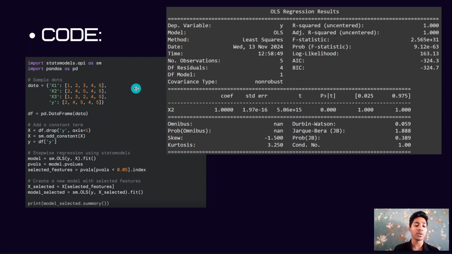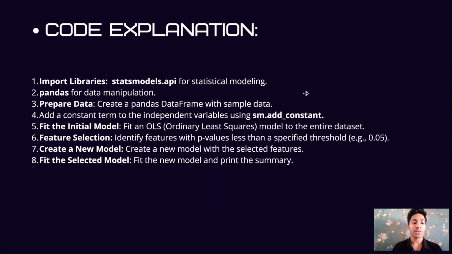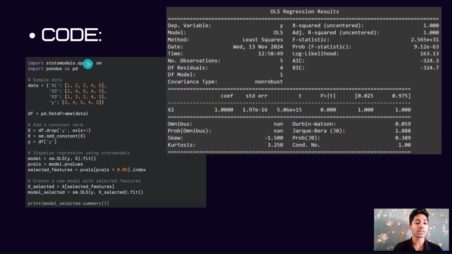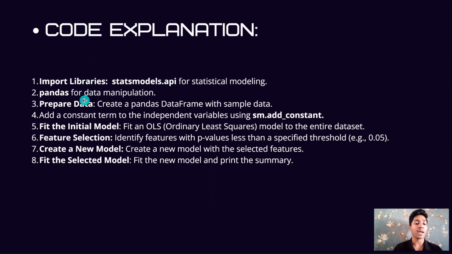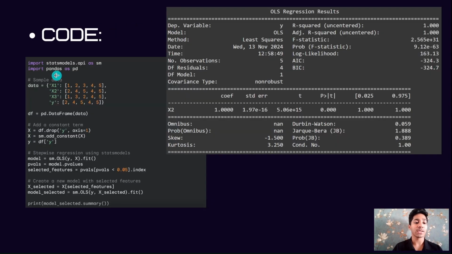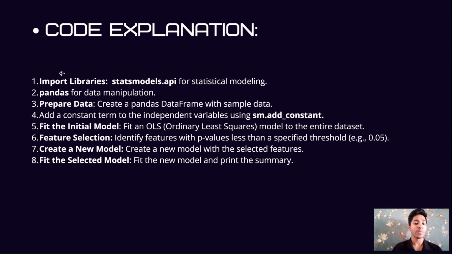And here we have the code related to stepwise regression and the output that is generated by it. Results, OLS regression results. And here is the explanation of the code in which we import some libraries: statsmodels API for statistical modeling, and the pandas library for data manipulation. Then we prepare data.